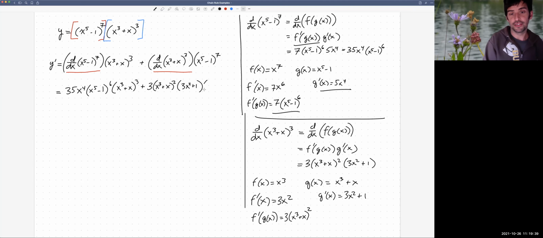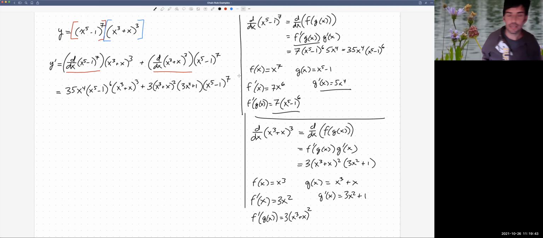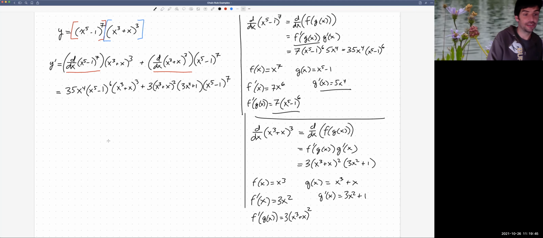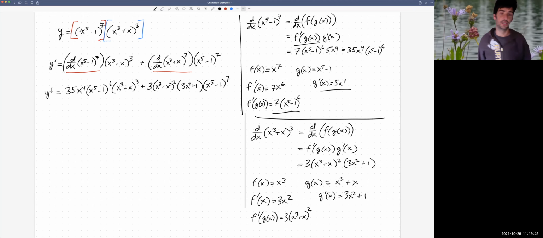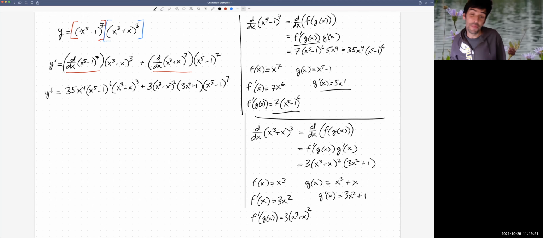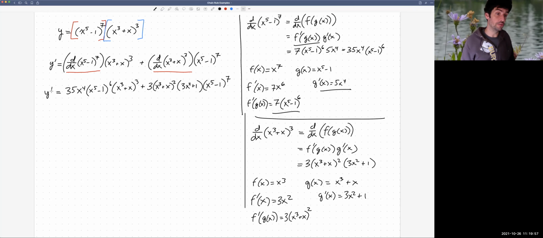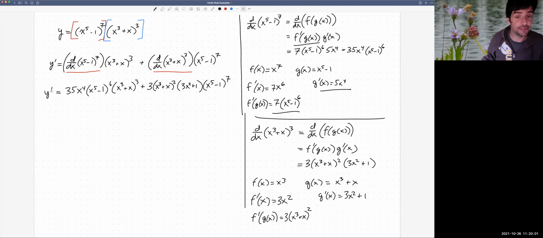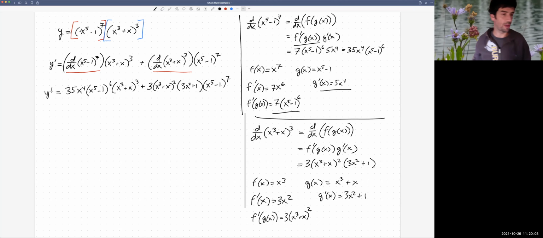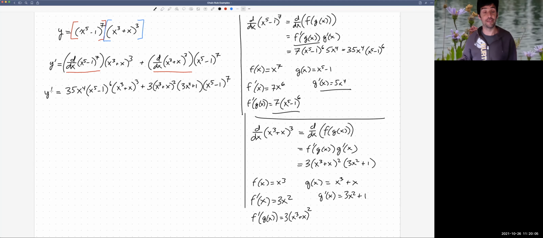And then I've still got this final (x to the 5th minus 1) to the 7th. And there is a perfectly good expression for this derivative, right? There's no reason I need to expand all this, or at least we don't have one right now. There are things you might do in your career where expanding this might be useful, but there's no way I would ever expand it if I didn't have a good reason to, right?